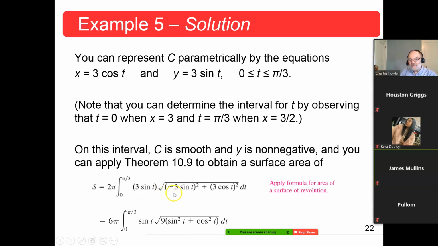And the square root of this would be a 9 on the outside, sine squared t plus cosine squared t. The square root of 9 is 3, so that 3 goes out and makes that an 18 pi. And then you've got the integral of sine t dt, because the rest of that's 1.